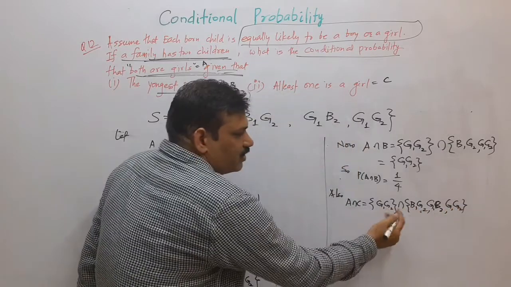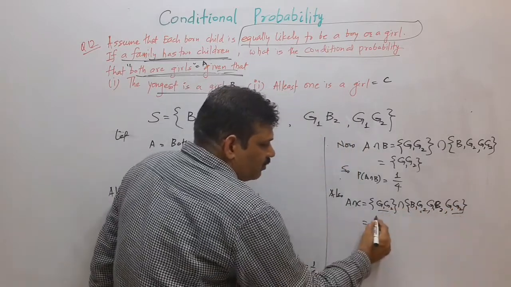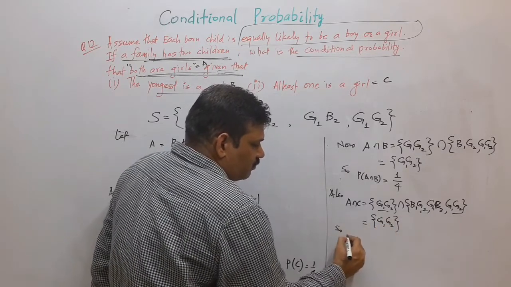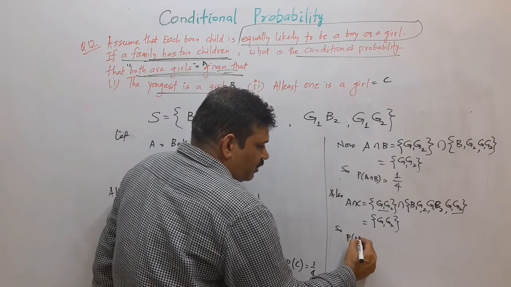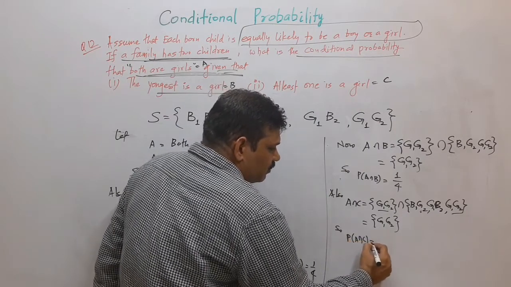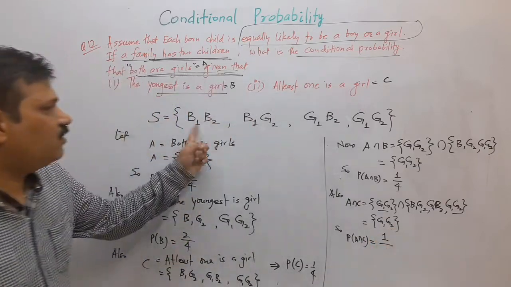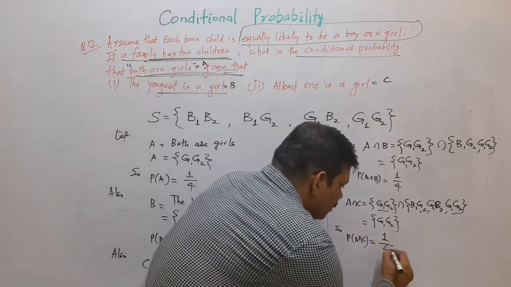The only common point is G1, G2. So probability of A intersection C is equal to the number of elements in A intersection C, that is 1, divided by total number of outcomes here, that is 4.